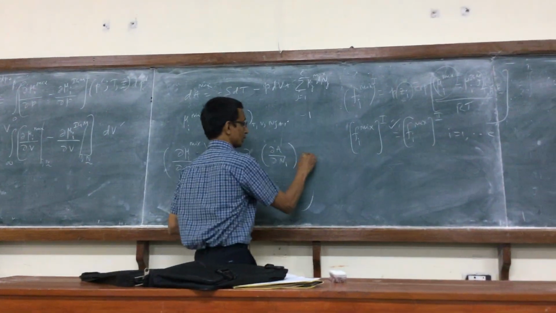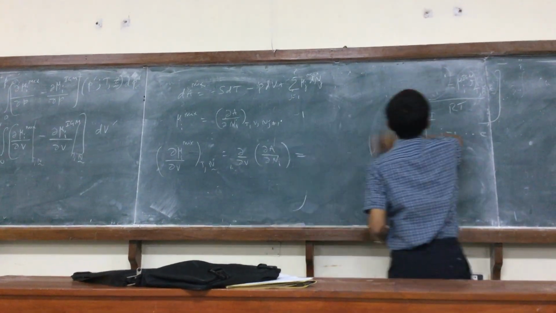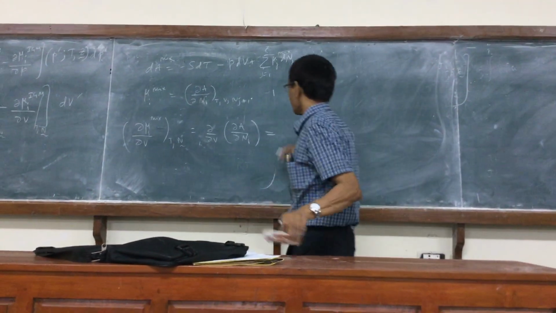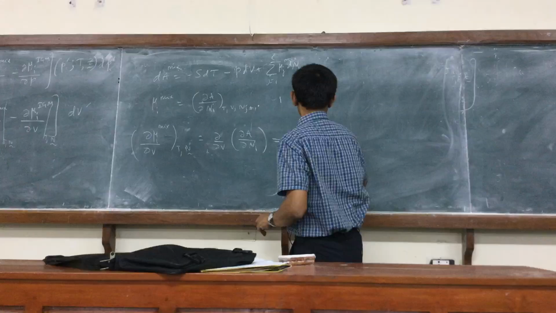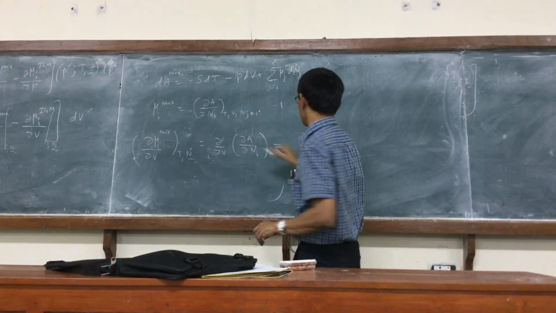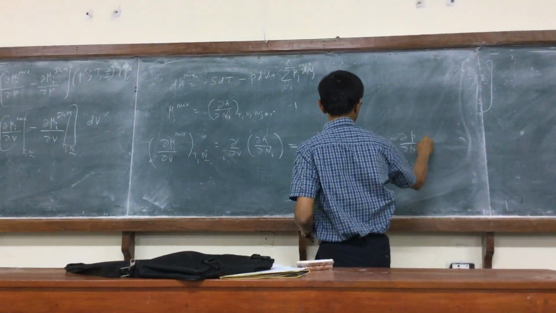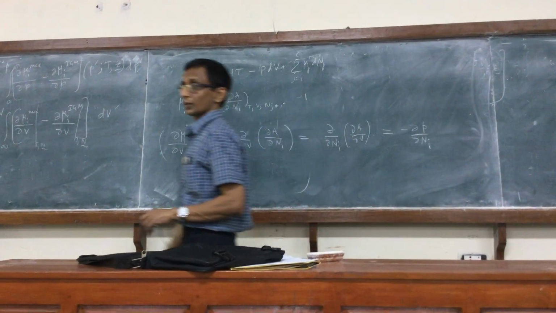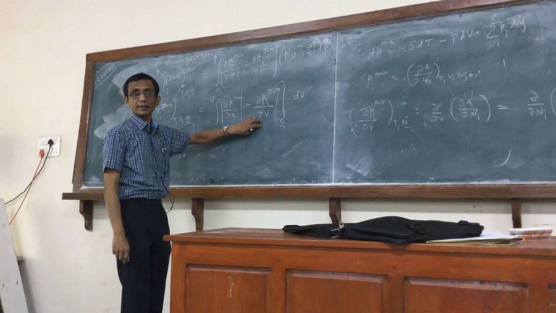This can now be written as d by dNi of dA by dV. dA by dV is minus P, so I get minus dP by dNi. So now what is the same for the ideal gas mixture?